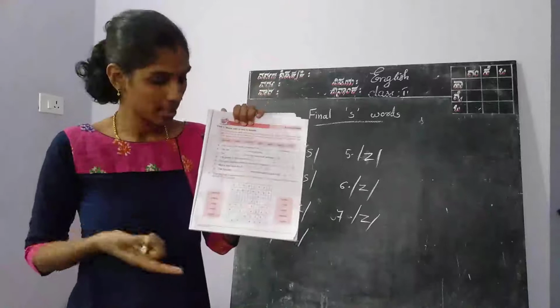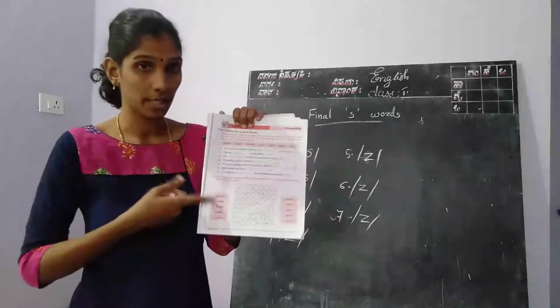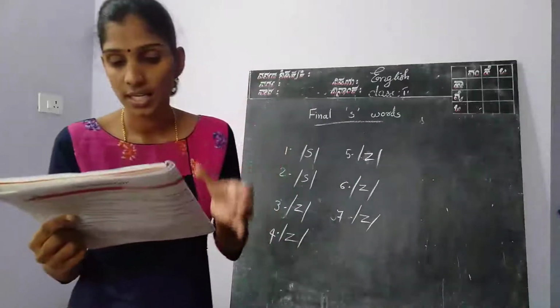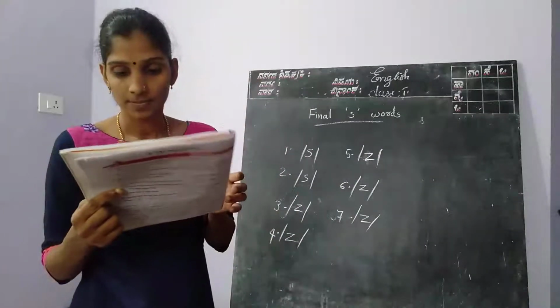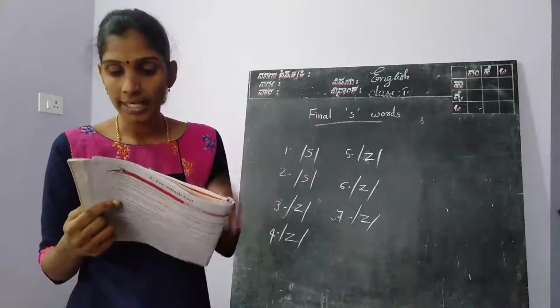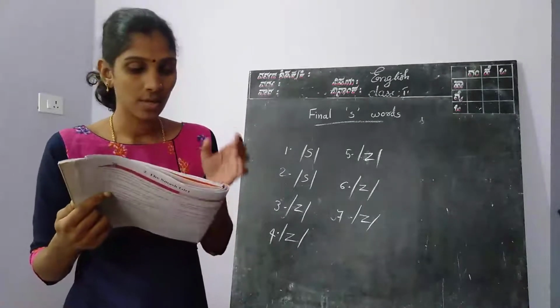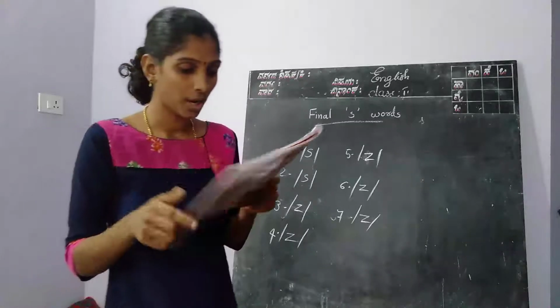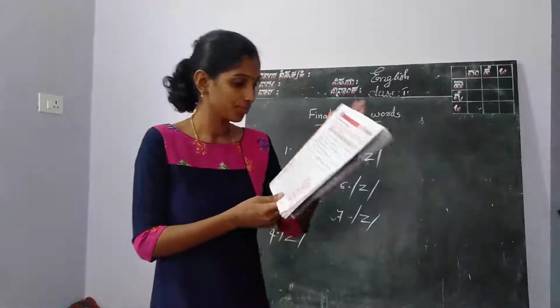And the next activity is your homework. Next activity: find the final S sound words in the word search. Then categorize them based on the final sounds. See what you have to do. You have to categorize.